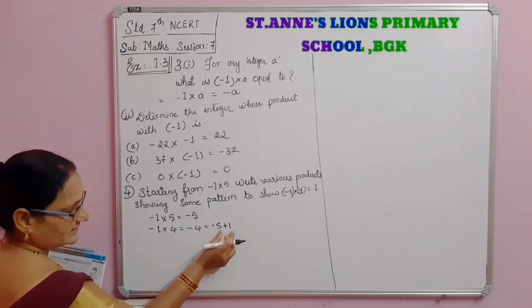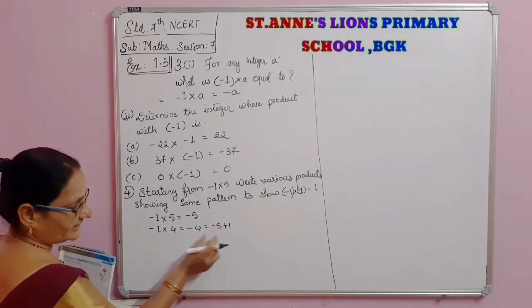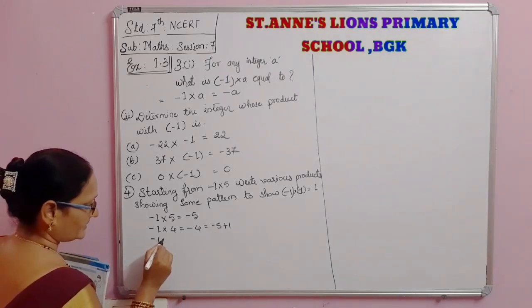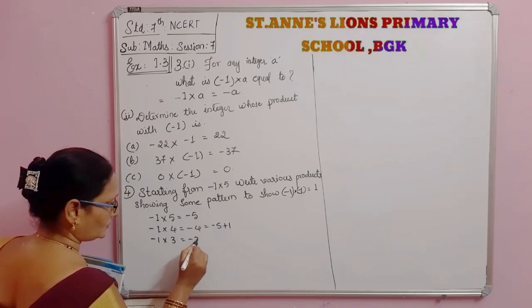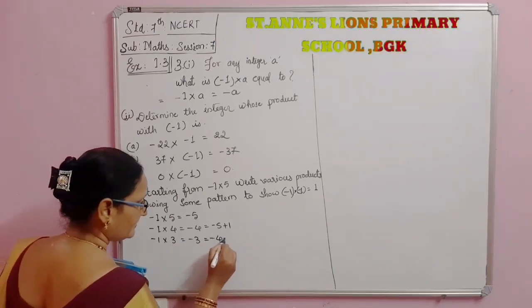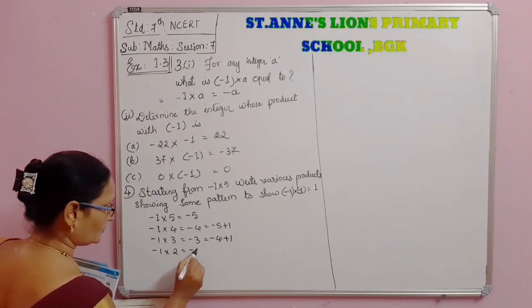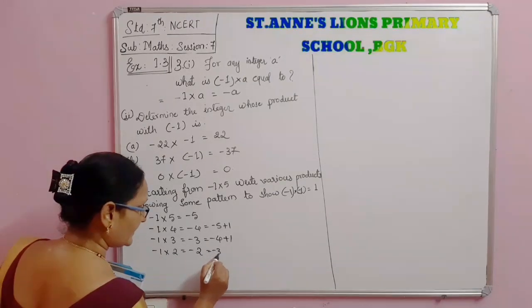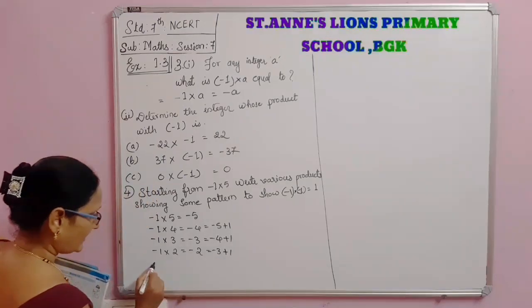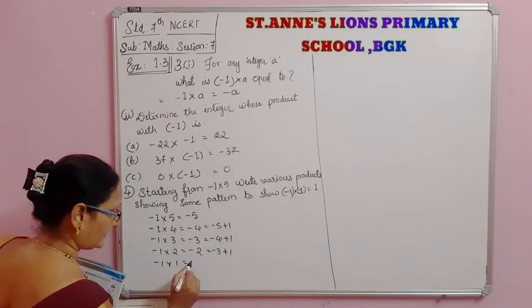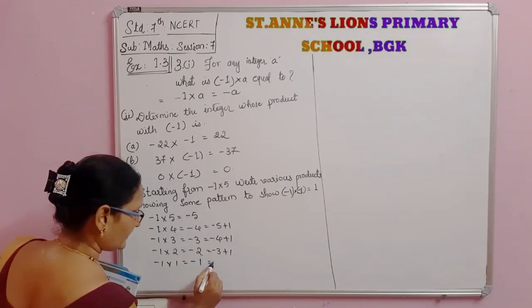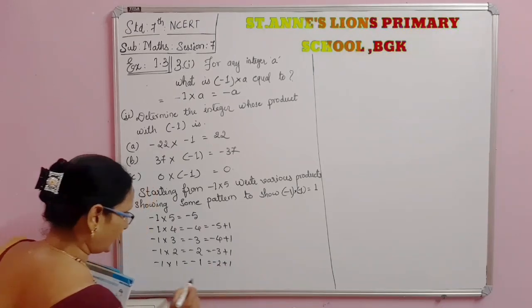You do this one, you get the answer minus 4. Minus 1 into 3 is equal to minus 3 can be written as minus 4 plus 1. Minus 1 into 2 is equal to minus 2 can be written as minus 3 plus 1. Minus 1 into 1 is minus 1, can be written as minus 2 plus 1.